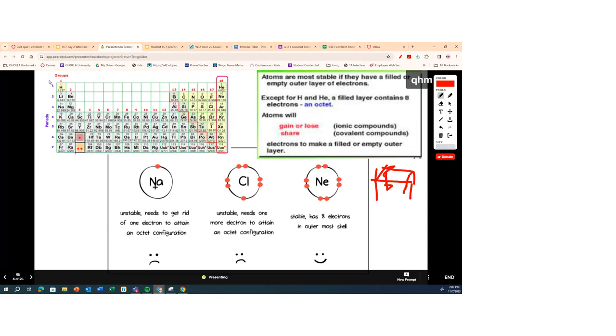Same way with elements. Sodium has 1, wants to get rid of it because it's a metal so that it'll become stable. Chlorine has 7, wants to gain 1 to make it 8 and stable. So 8 makes them happy, right? 8, and sometimes 2 for hydrogen, and that's what they call the octet rule, the octopus rule.